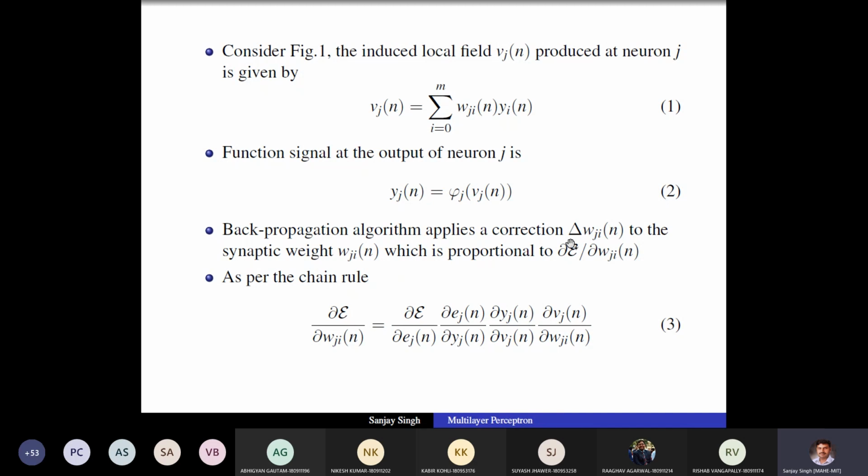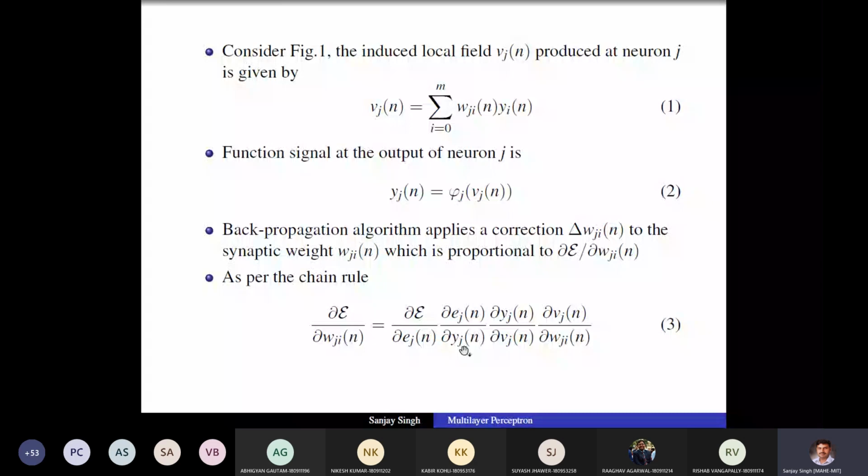But now E depends on Wji, and how can that happen? E is not directly depending on Wji. We saw that E is immediately depending on the error Ej, and in turn Ej depends on yj.